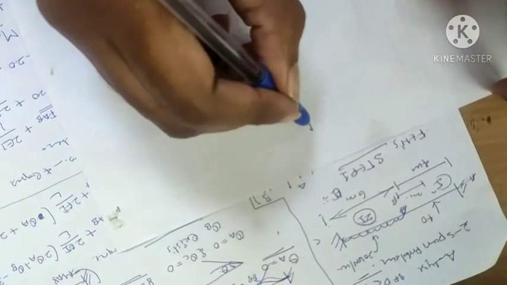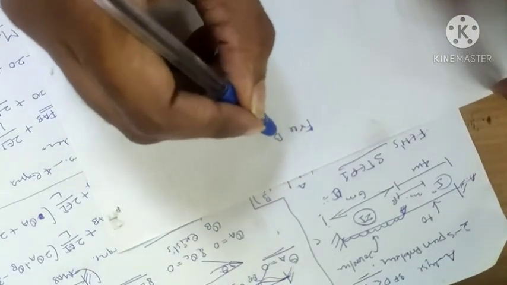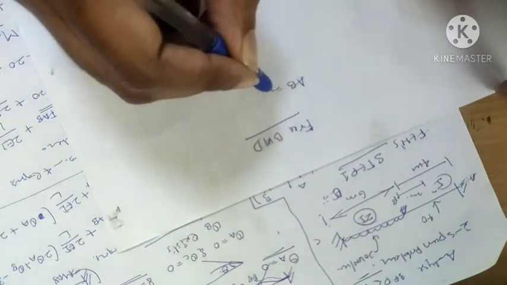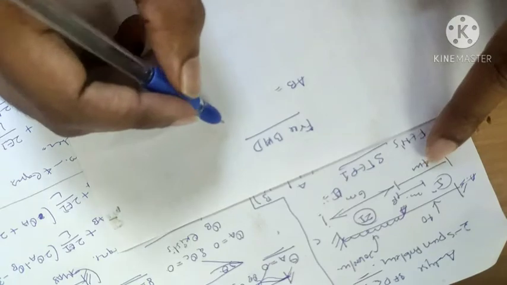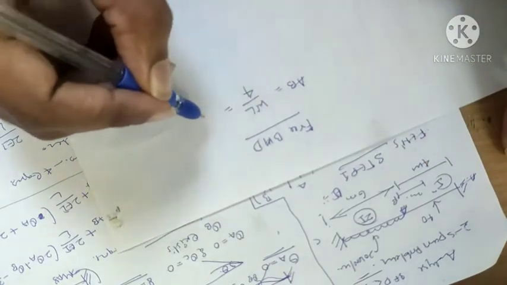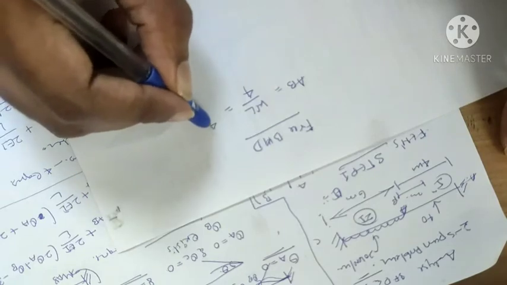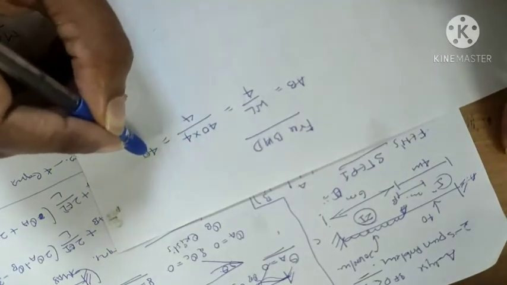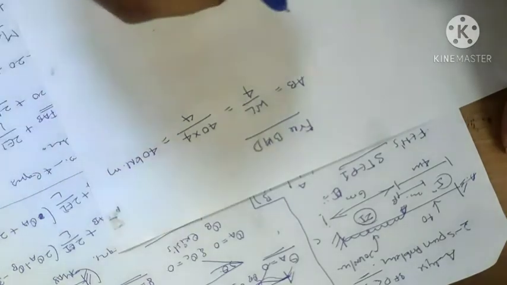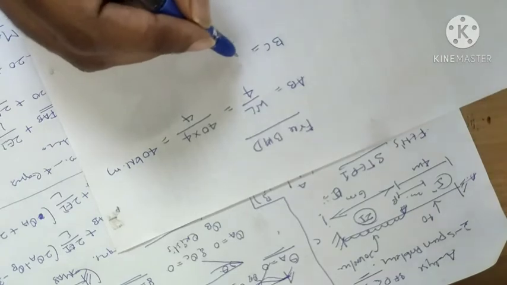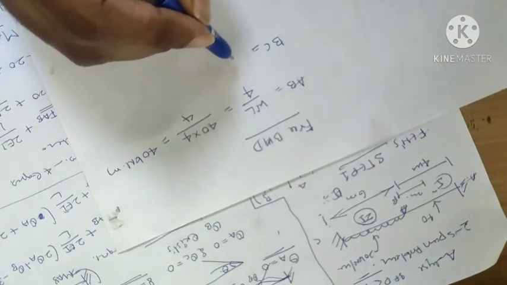So the free BMD for the AB member. It is a point load, you can see. So WL by 4. This is the free BMD formula, maximum bending moment. 40 into length, 4 meters, divided by 4. So free BMD is 40 kilonewton meter. For the BC member, it is a UDL.